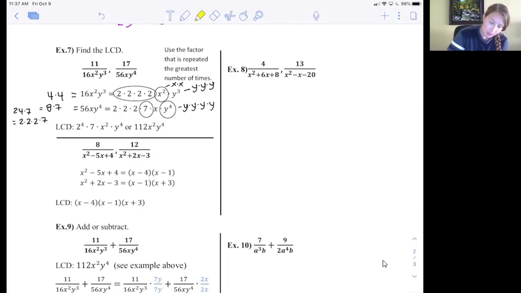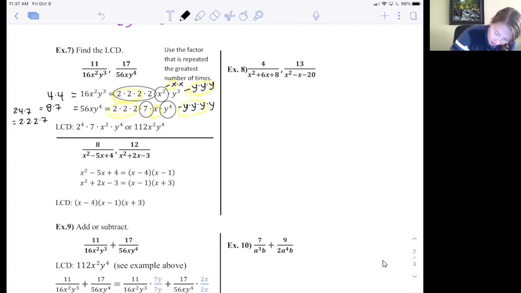So now I'm looking at what I have in common. I have 3 2's and 3 2's. I have 1x and 1x. And then I have 3 y's and 3 y's.